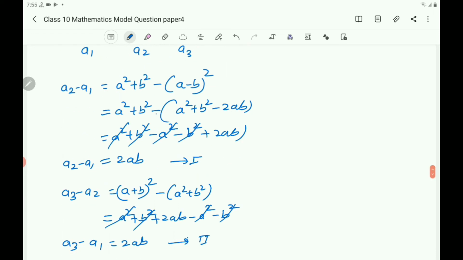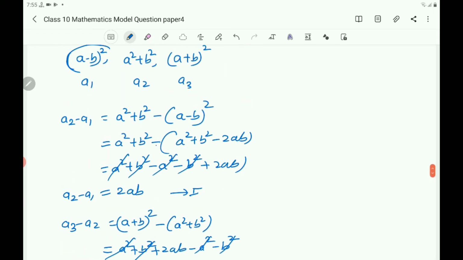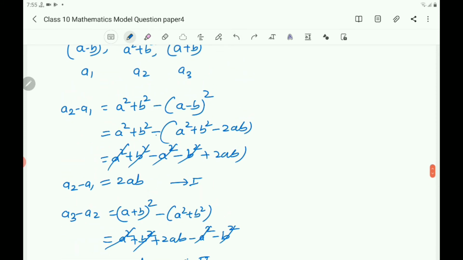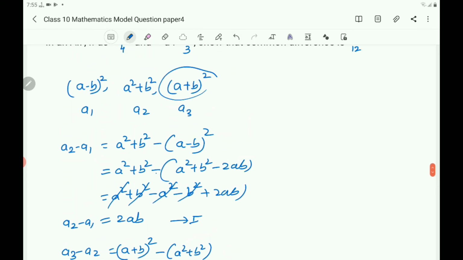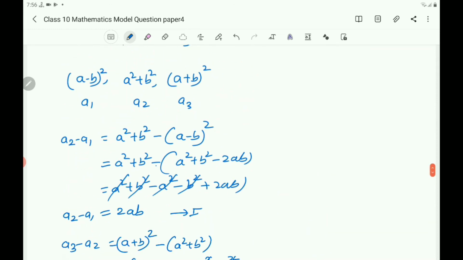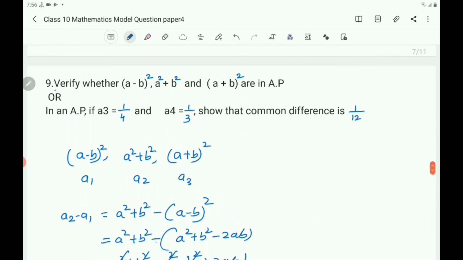Therefore, you can write that (a minus b) whole square, a square plus b square, (a plus b) whole square are in AP. Then let us take the second question.